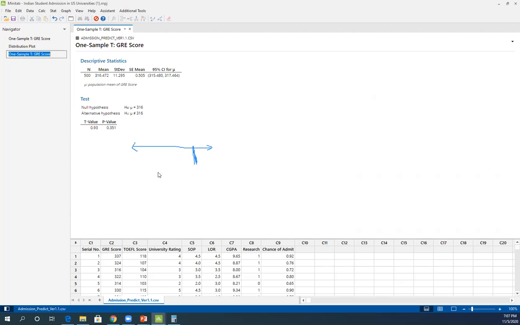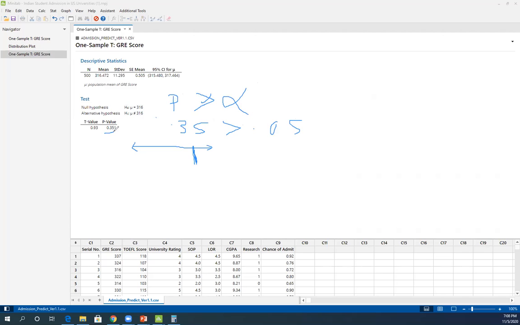And even using the second decision rule, the p-value is greater than alpha in this case. We are getting 35% and the alpha value is just 5%. Using this, we are also going to say the null hypothesis is accepted.